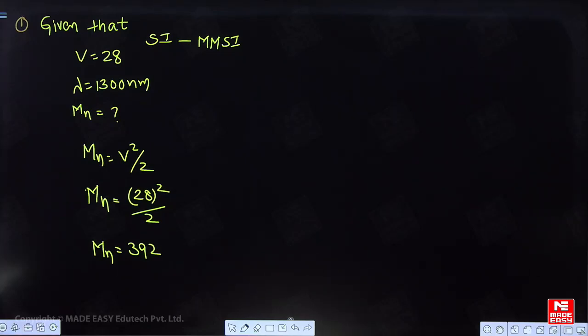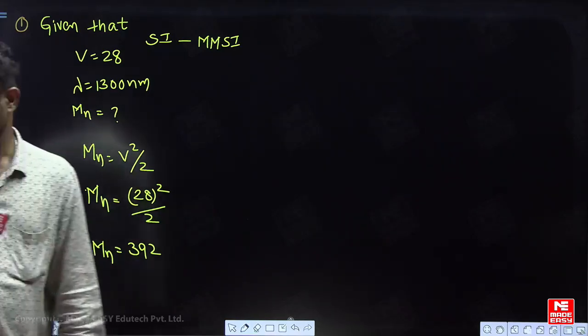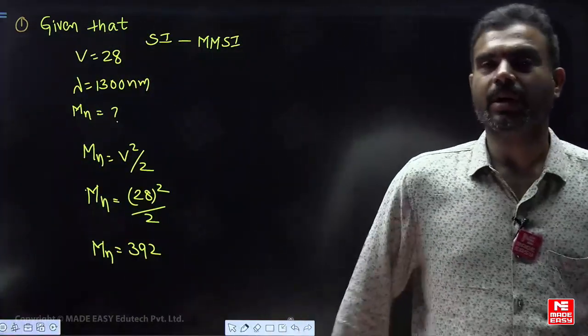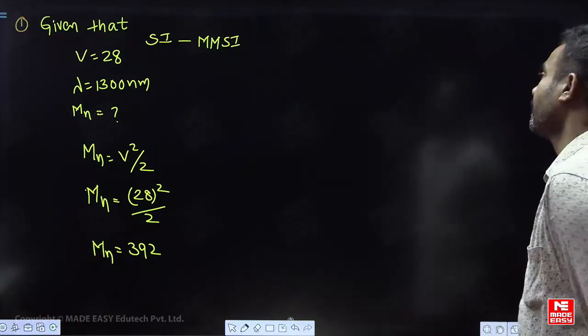For a step index fiber to exhibit single mode operation, when the core refractive index and radius r are 1.46 and 4.5 micrometers respectively, with the relative index difference being 0.25%, the cutoff wavelength is.